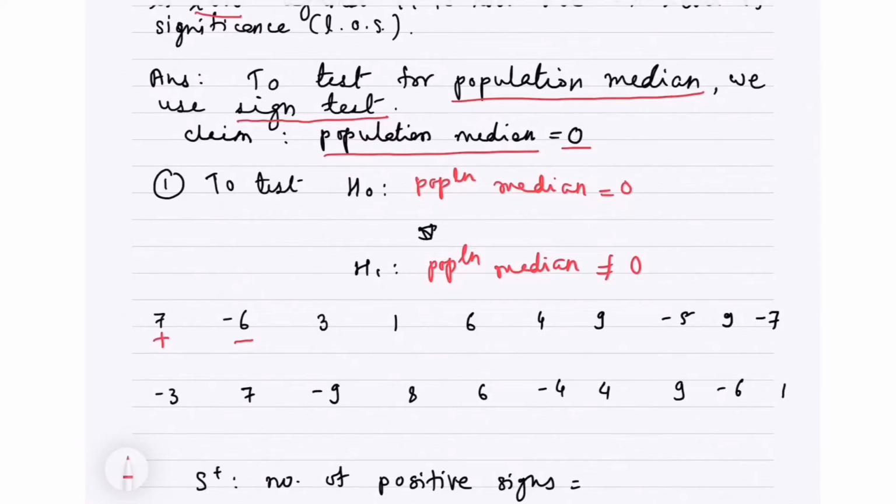Similarly, we give the signs. 3 greater so plus, 1 greater than 0 so plus, 6 plus, 4 plus, 9 plus, -5 is less than 0 so minus sign, 9 plus, -7 minus sign, -3 minus, 7 plus, and so on.